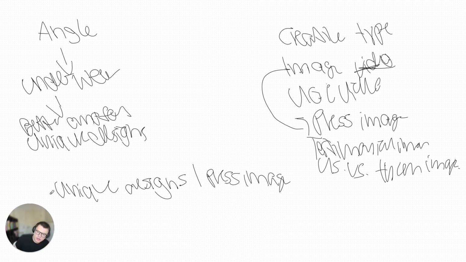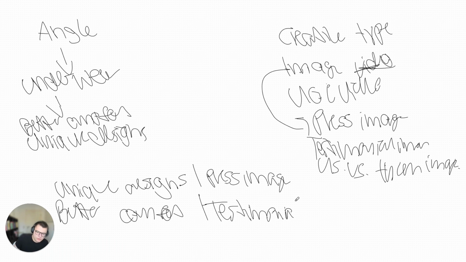Or it could be better comfort, testimonial. Maybe there's a testimonial out there from one of our customers that talks about the extreme comfort of the pants and we want to convert that into a testimonial image. This is how we combine angles with creative types.